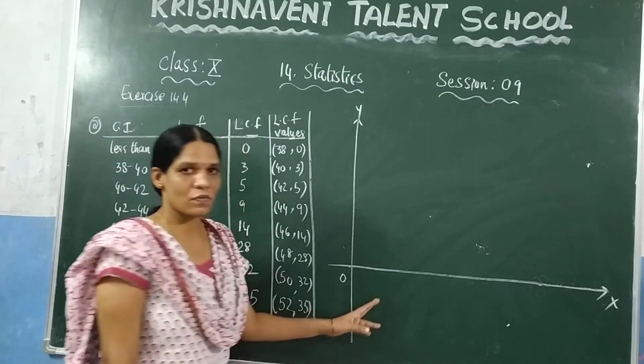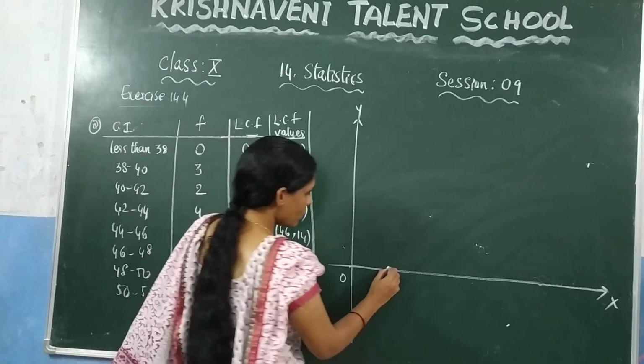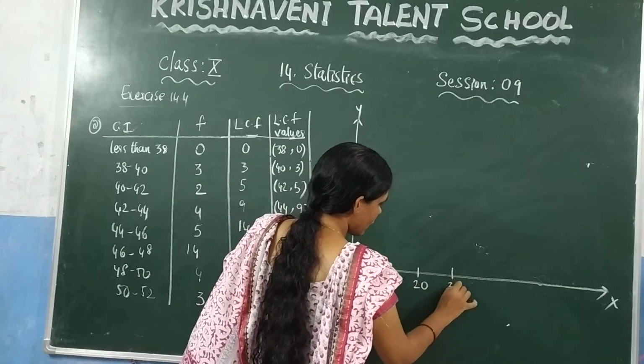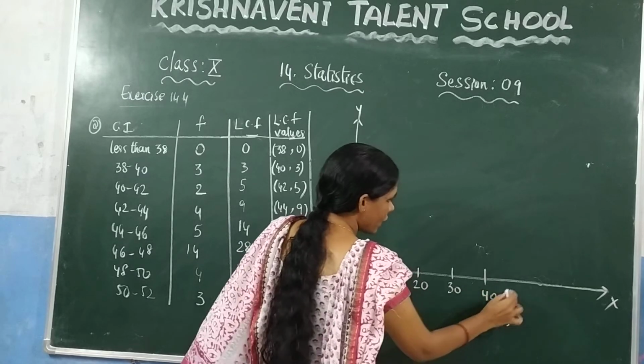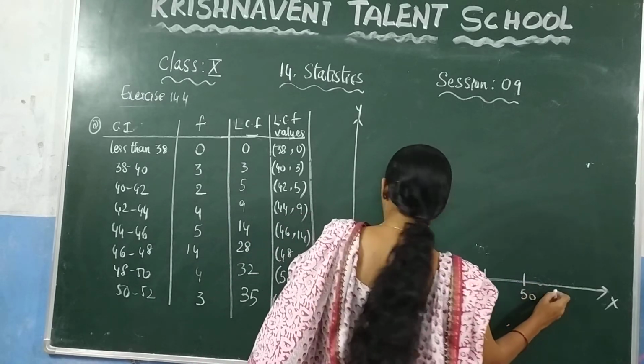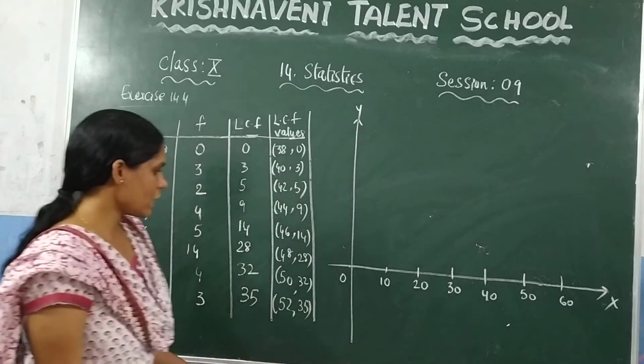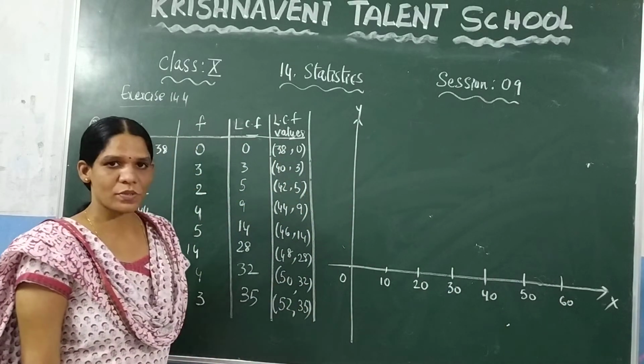Since the space is not sufficient, I am taking 10 here. So 10, 20, 30, 40, 50 and 60. What is the highest value here? 52. So I have to come to 60.